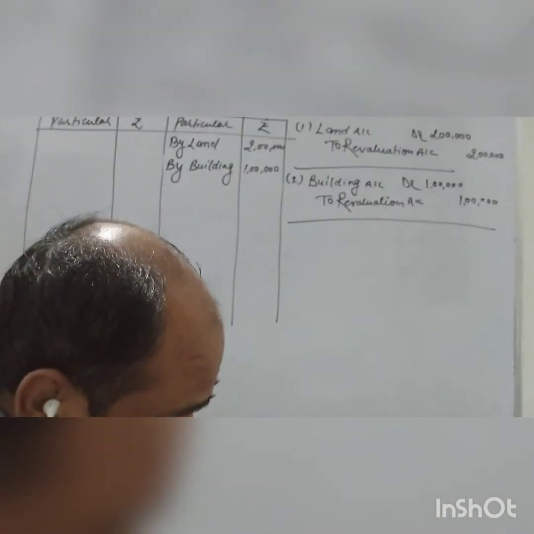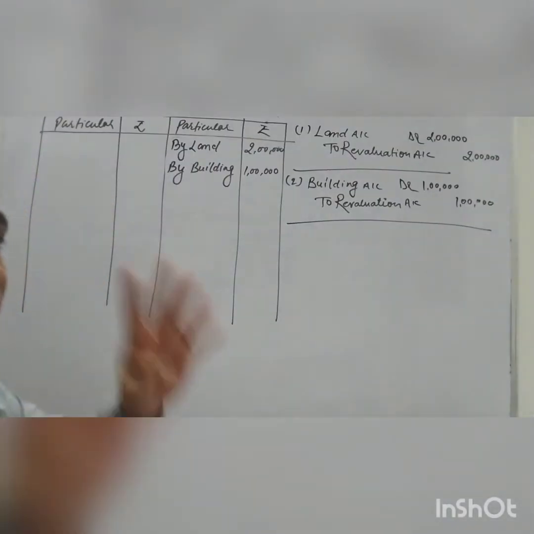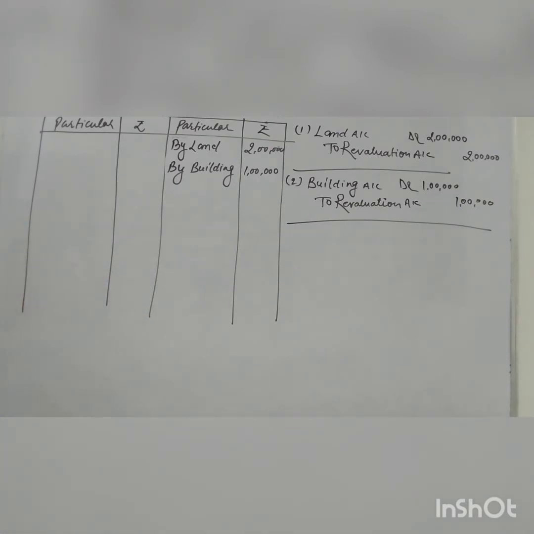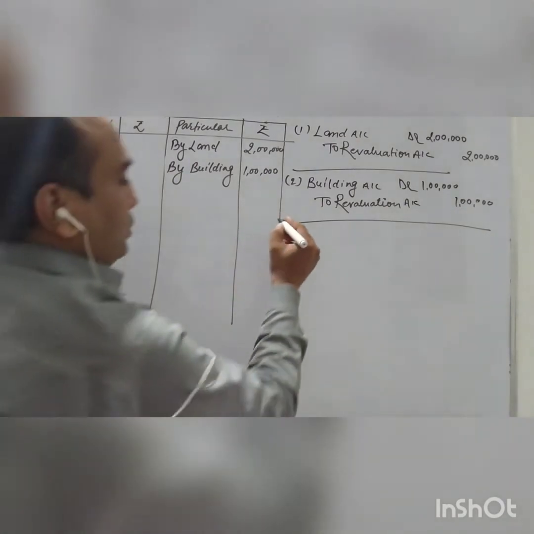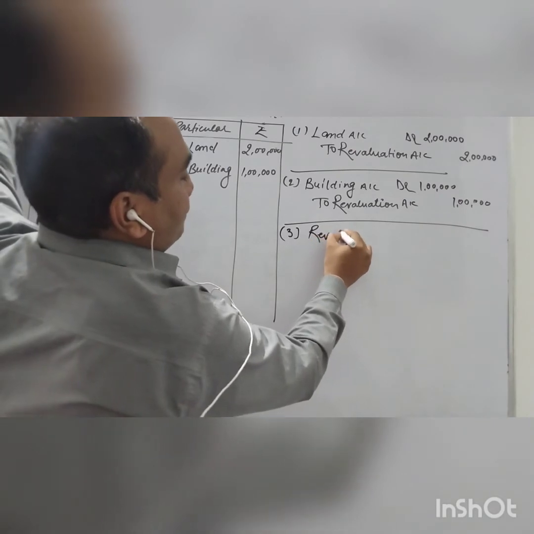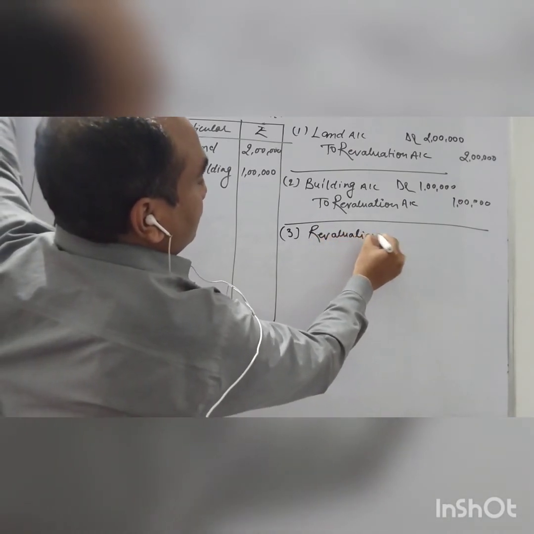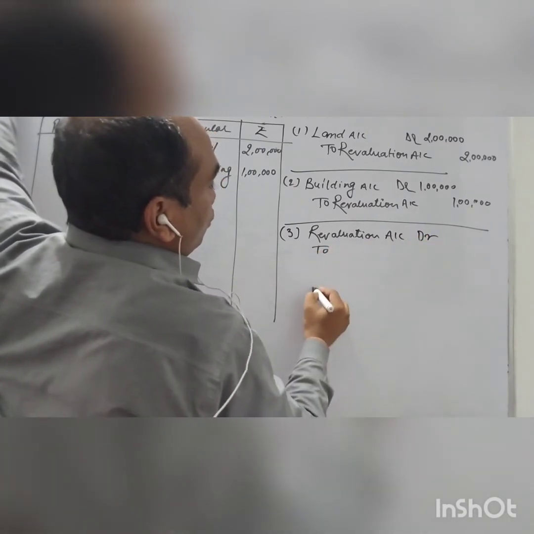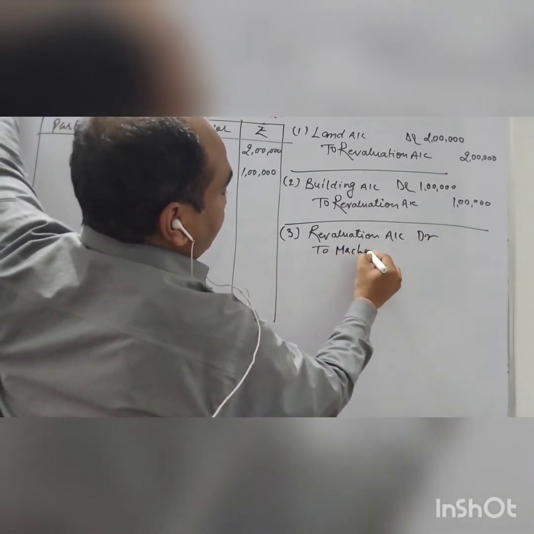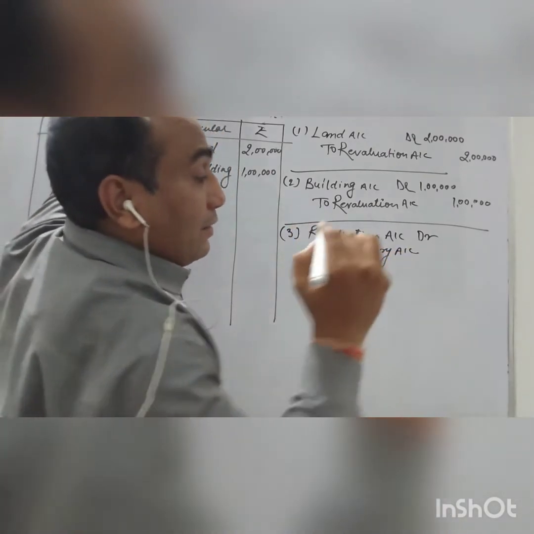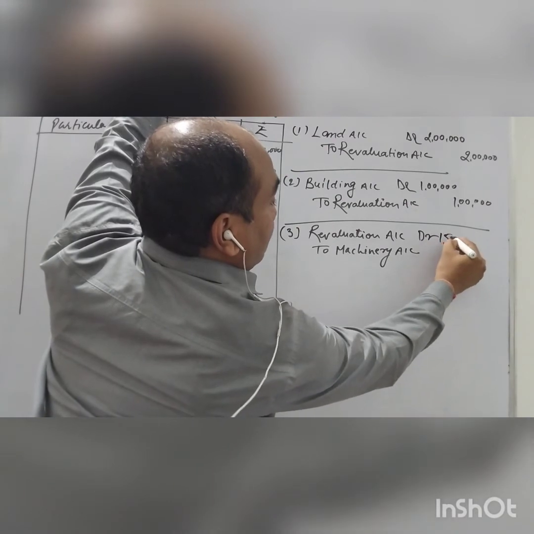Now see the balance sheet figure. Machine is given as 4 lakh, but it has now become 2,50,000. It means our machine is decreasing by 1,50,000. So here the entry will be revaluation account debit to machinery 1,50,000.